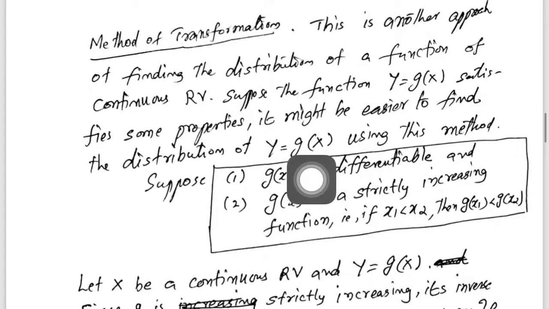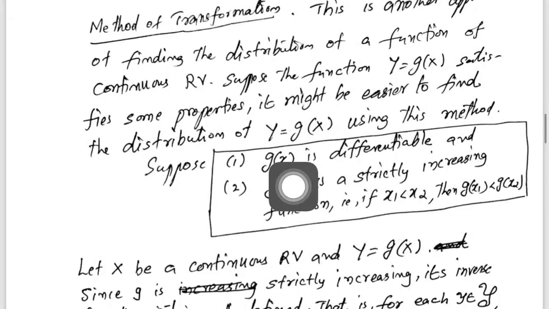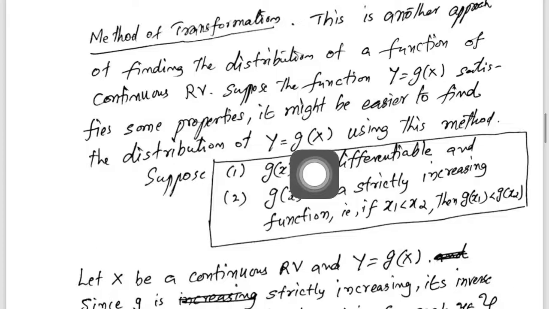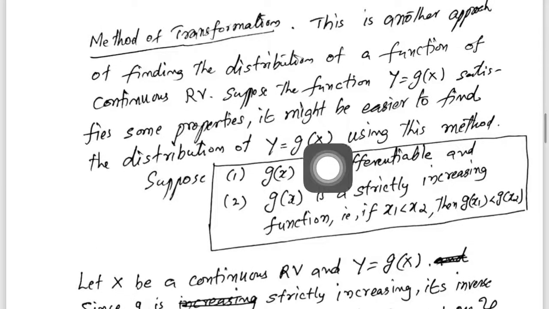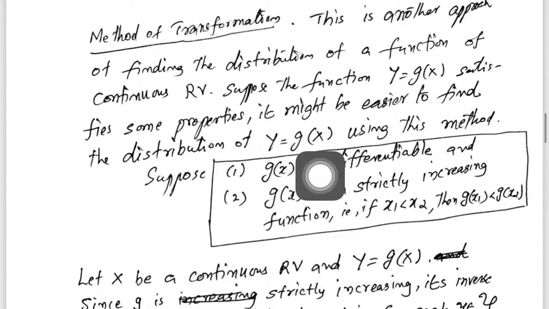But here we suppose that g is an increasing function, a strictly increasing function. Then you can adopt a special method for finding the distribution. Similarly, if y is equal to g of x is strictly decreasing, then also you can have a special method. Later we will see that if g of x is either strictly increasing or strictly decreasing, the same procedure you can apply.